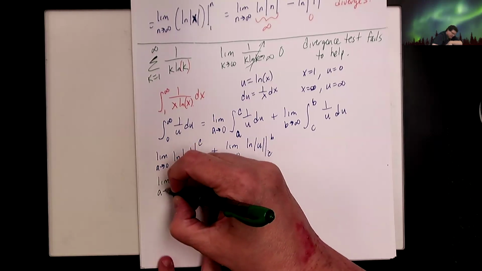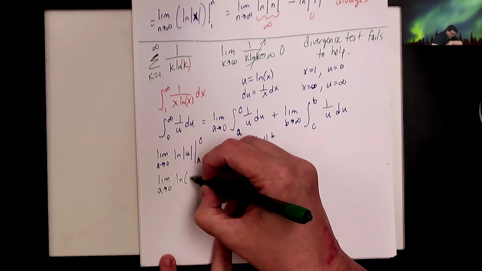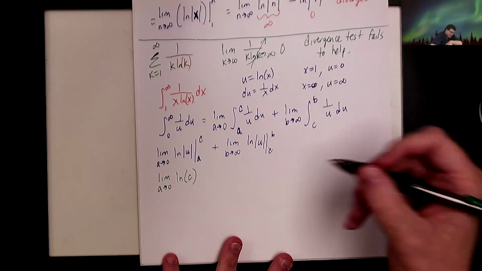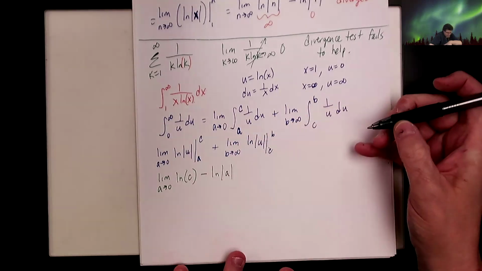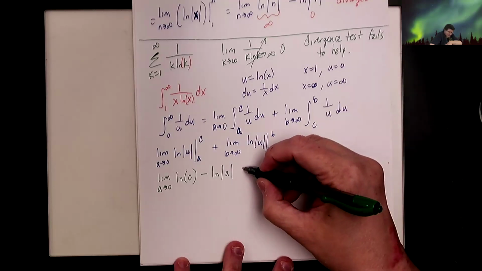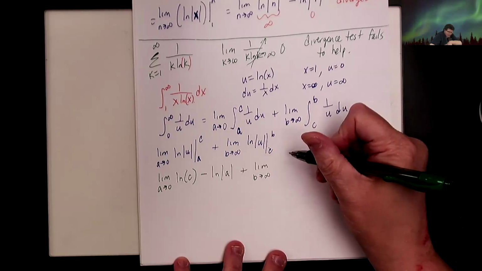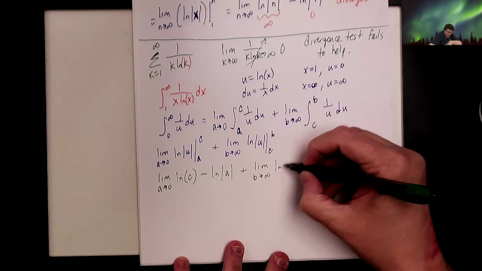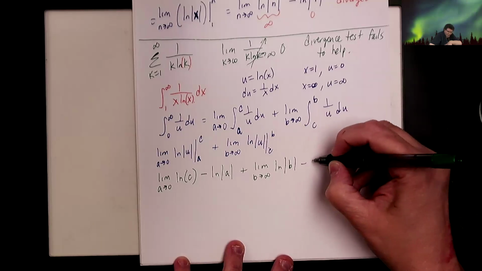Limit as a goes to 0 of natural log of c, and I don't need the absolute value sign because c is greater than 0 at this point, minus natural log of a, plus the limit as b goes to infinity of ln of b minus natural log of c.